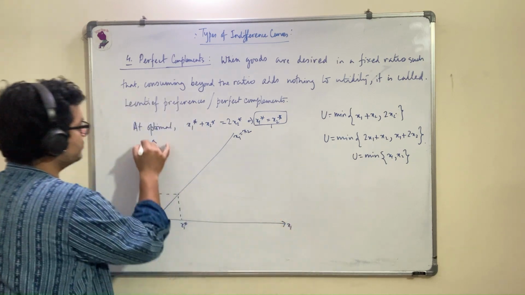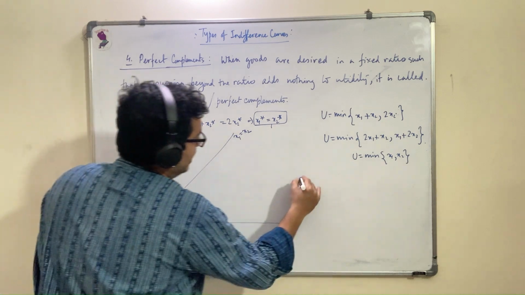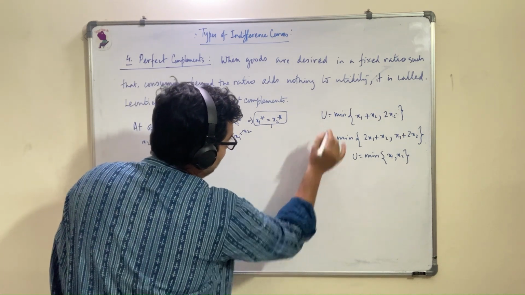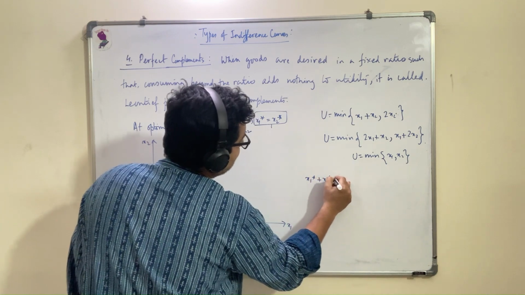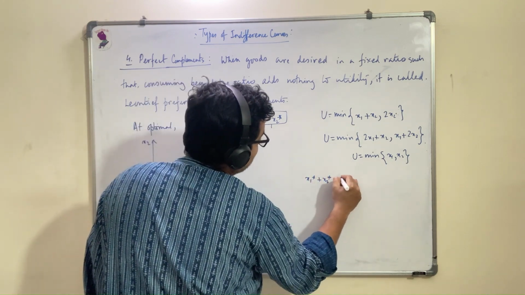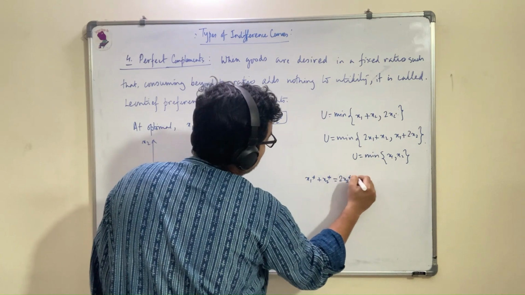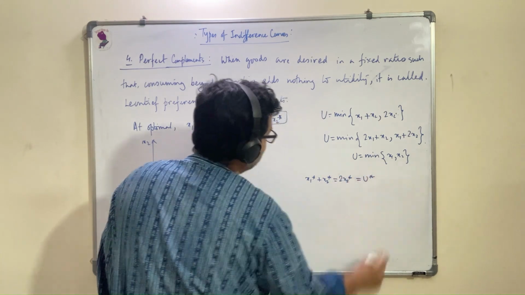Then on one side, x1 star plus x2 star is equal to 2x2 star equal to our u star.